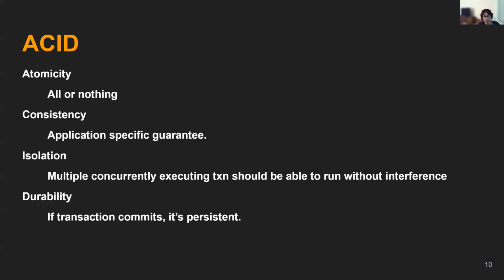The third word is isolation. And I feel like people talk about isolation the most because isolation deals with concurrency. If you are executing concurrent transactions in the database, you want some protections to isolate each transaction so that they don't interleave with each other.